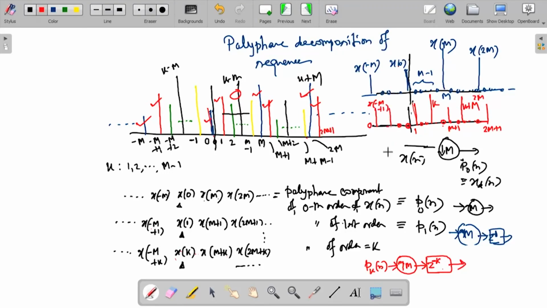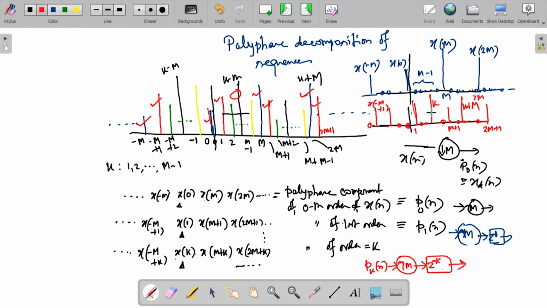Here also, when you add them, they find zeros from top and nobody else. So, when you add, there is no interference: x 0 remains x 0, x 1 remains x 1, x k remains x k, like that. So, you can understand that if I take P 0 n just expand, P 1 n expand and delay once, P 2 n expand and delay twice, P k n expand and delay k times.